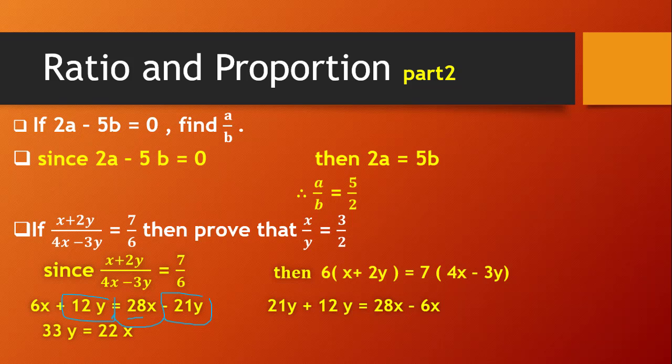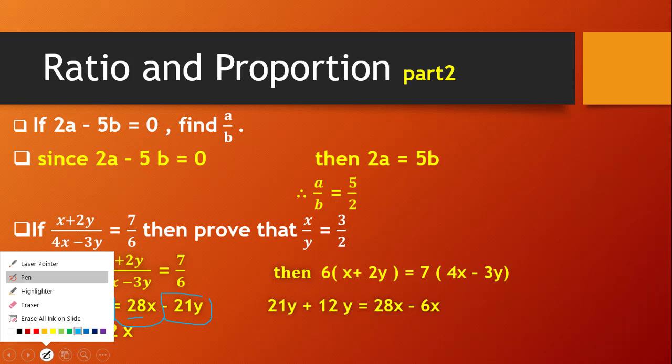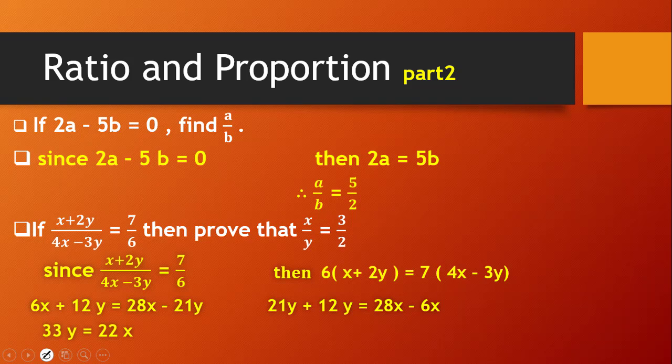So 33y equals 22x. I want x over y. Look at here. X over y equals 33 over 22.